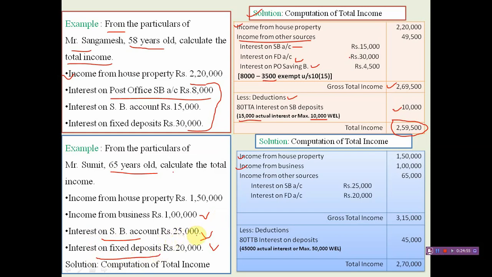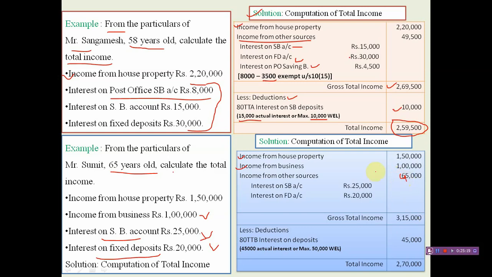These two items are taxable under the head income from other sources. Interest on SB account 25,000 and interest on FD account 20,000. So total it is 45,000 income from other sources.